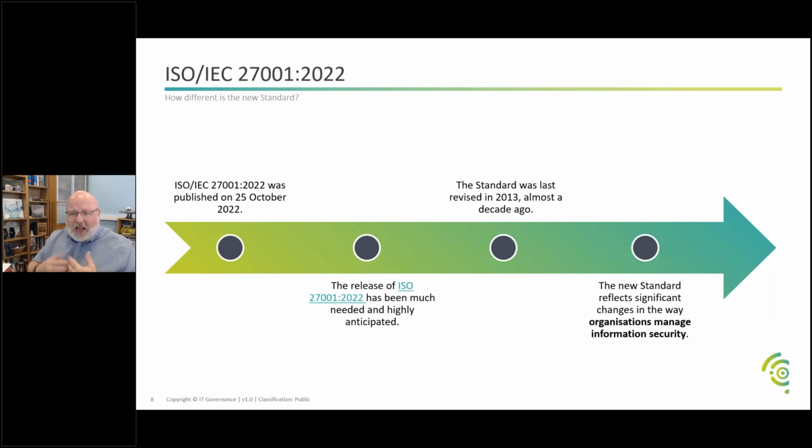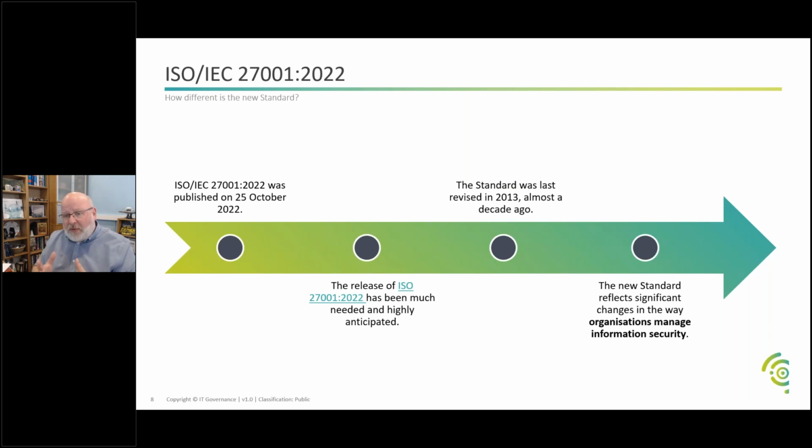But I think it was good to get it right, and it's designed to better reflect the way organisations think and behave, and some of the new areas, particularly from a technological side.